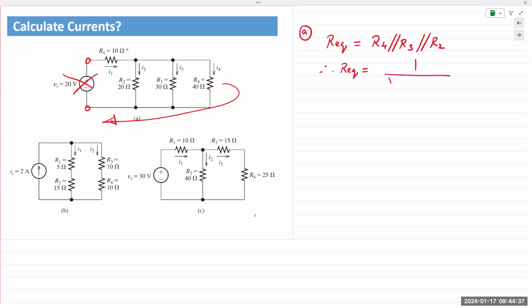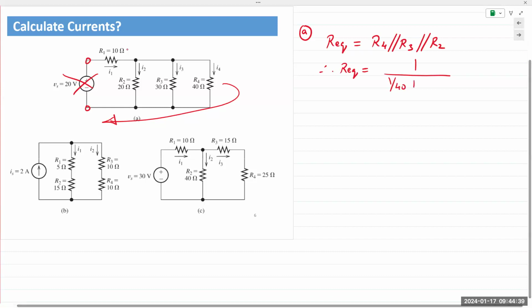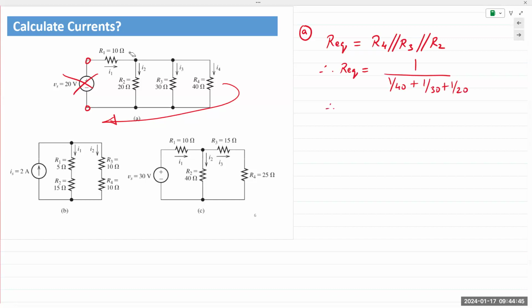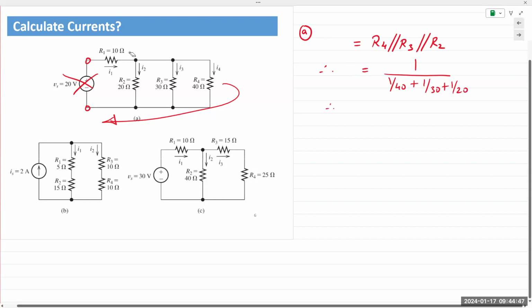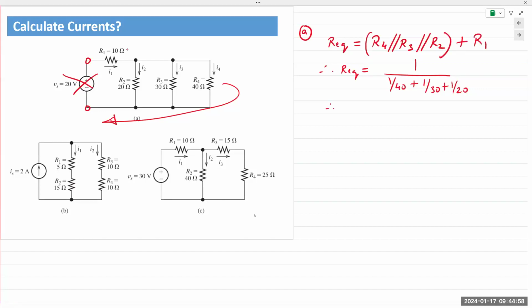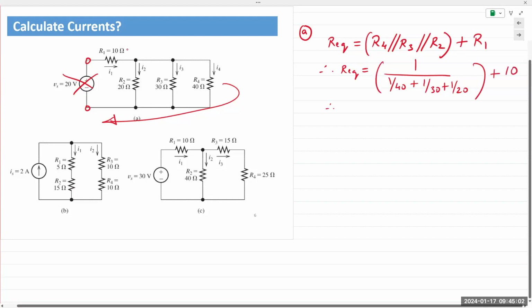This would be 1 over 40 plus 1 over 30 plus 1 over 20. Not Req, sorry. Actually, let's just do it in one step. Req: the parallel combination of this is in series with R1. So it's plus R1, plus 10.